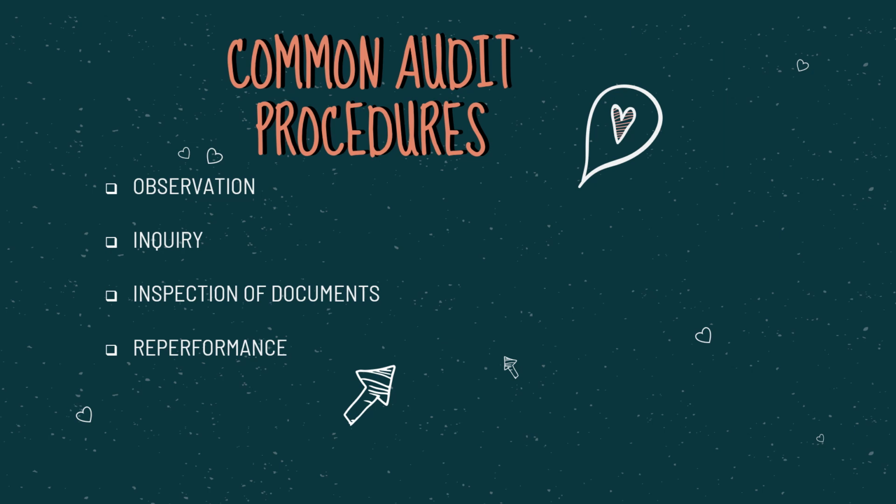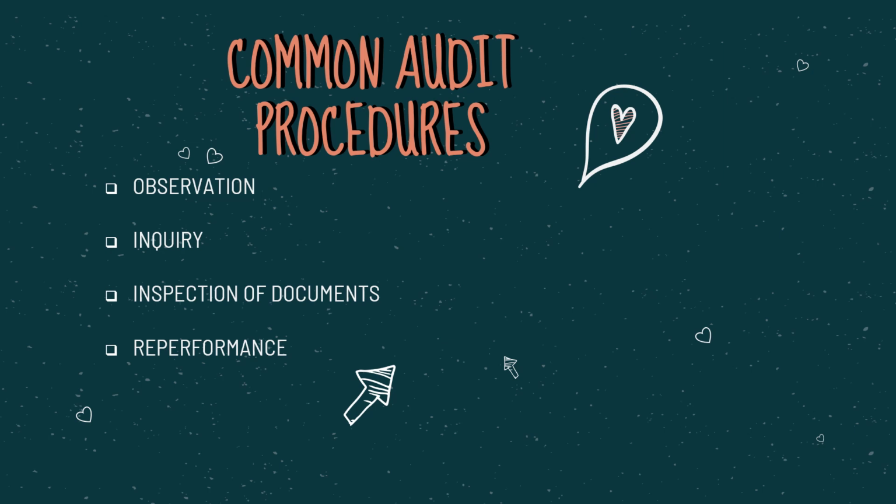Observation provides audit evidence about the performance of a process or procedure but is limited to the point in time at which the observation takes place and by the fact that the act of being observed may affect how the process or procedure is performed.